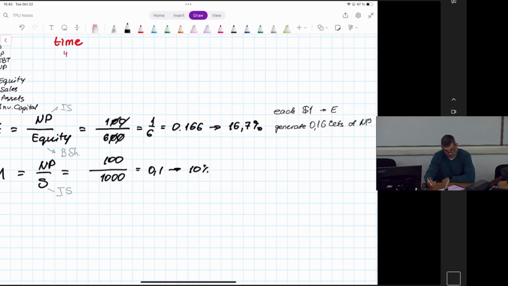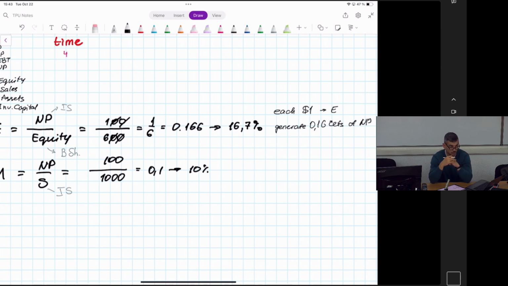In this case, the base is sales. So we may think, using common sense, that I sell this much, this is my 100%, I sell this much goods, and out of this much goods, I get 10% in profits. So from each sold unit of goods, 10% is my margin.